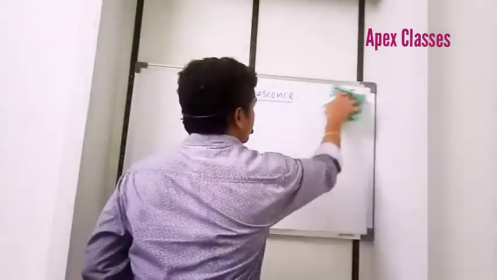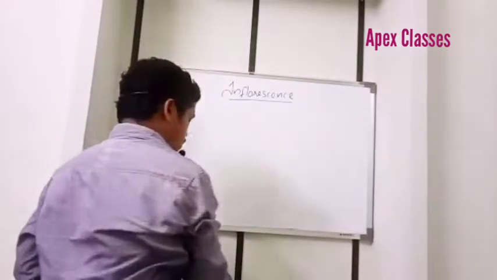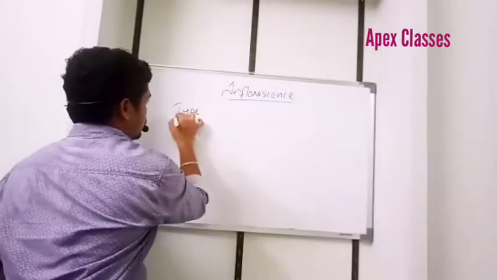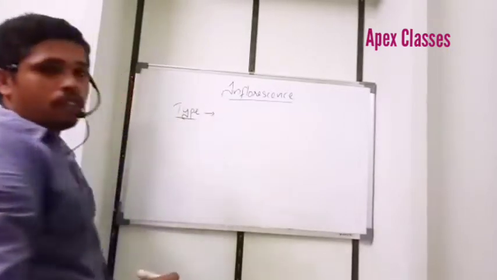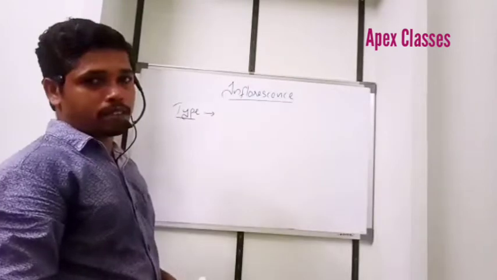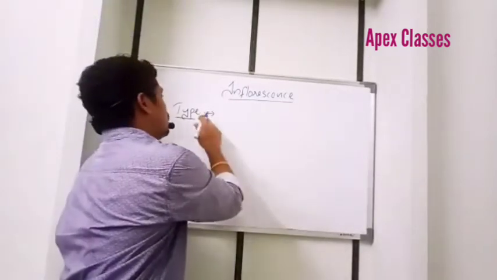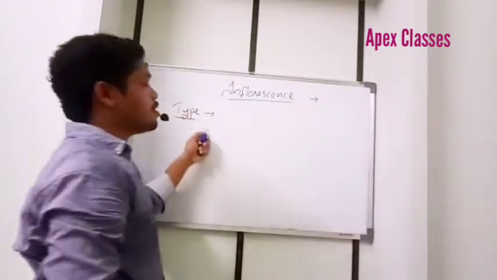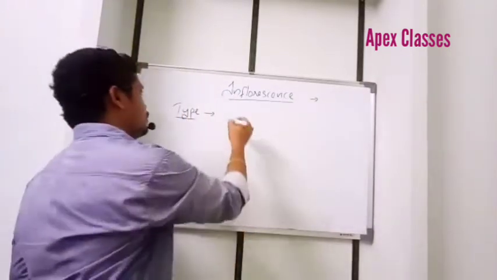What are the types of inflorescence? Inflorescences are mainly of two types, based on the growth of the peduncle.